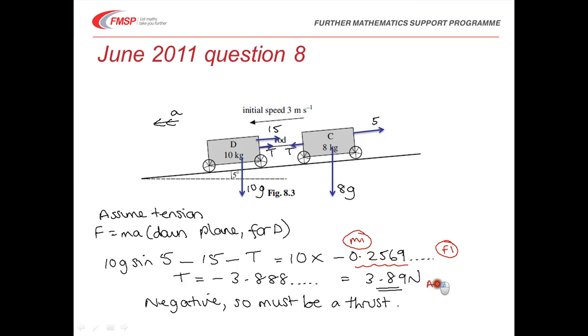Then an accuracy mark for getting the correct tension, and then the final mark is for identifying that because the tension, as we assumed, is negative, it must then be a thrust. So that's 9 marks, that last part of the question.